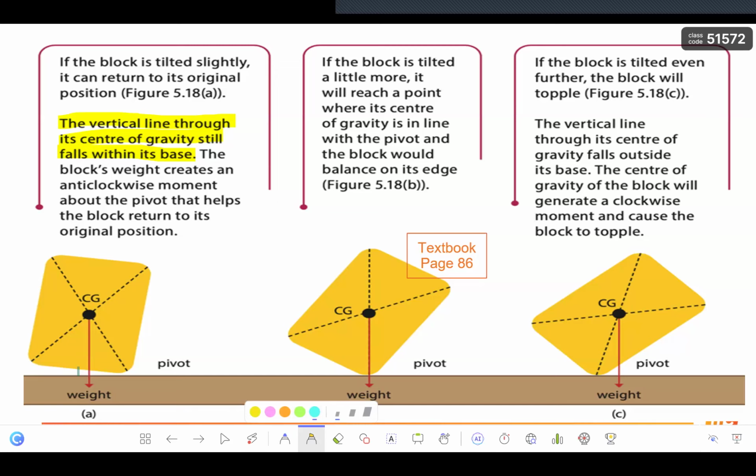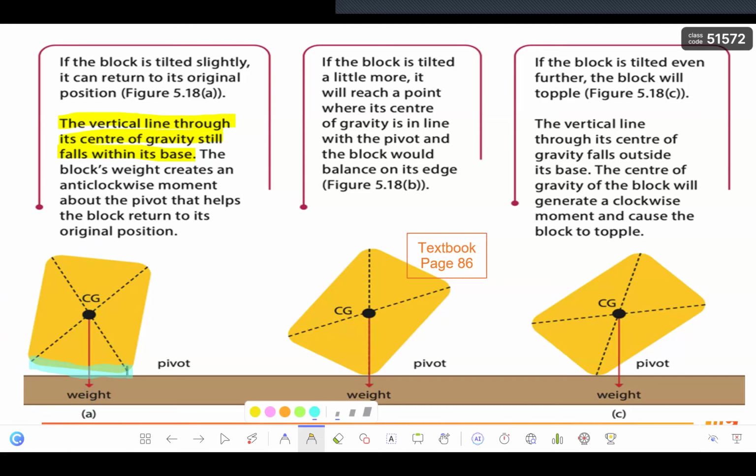This is the base area of the block. So this vertical line through the center of gravity, or the line of action of the weight, I personally prefer the use of the line of action of the weight. So the weight is over here. This particular line is called the line of action of the weight, and it is still within the base area.